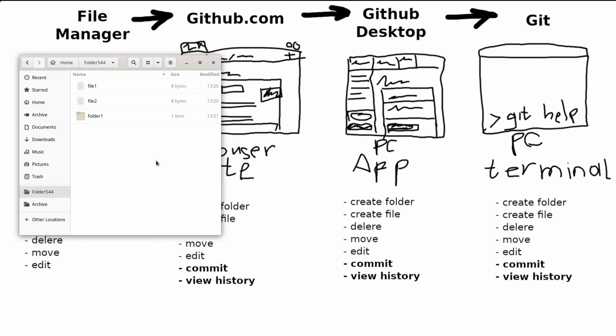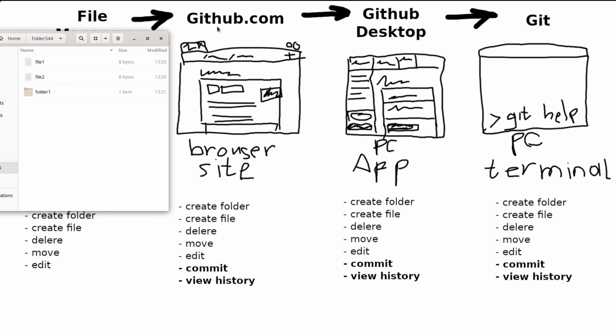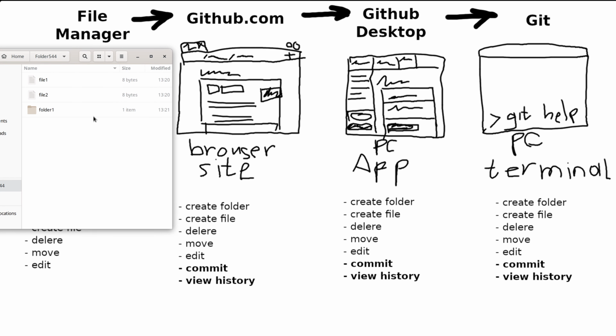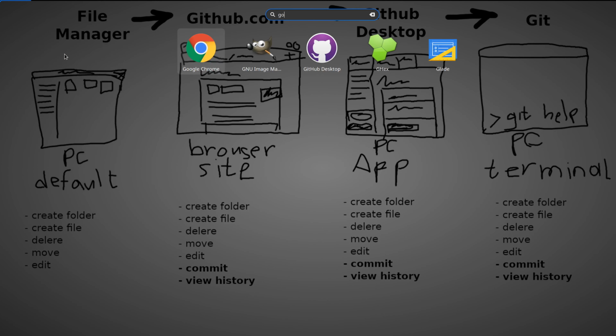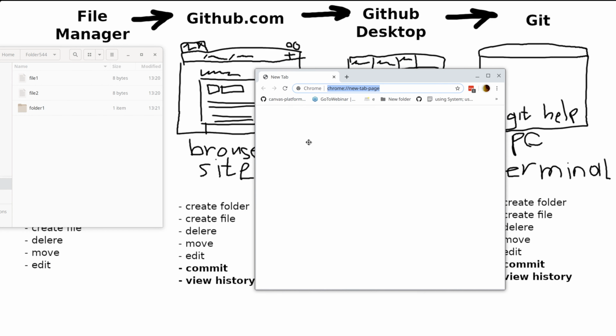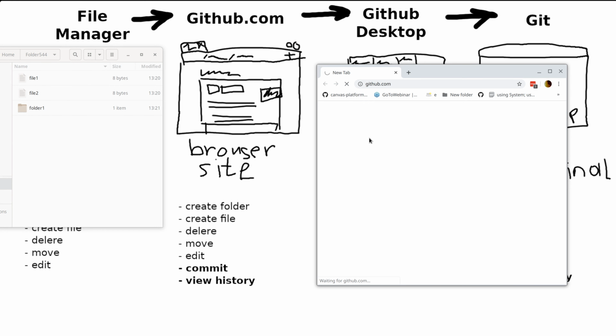Then we moved to github.com as an alternative to manage files and folders not on the local machine, not on the local computer, but on the internet. And we created a repository there. Let me show you.